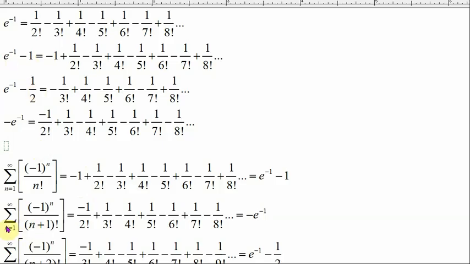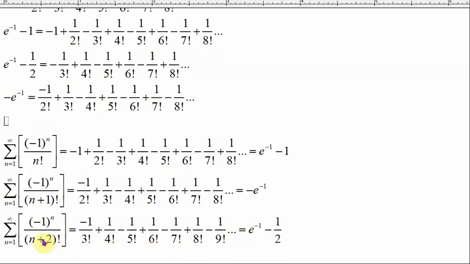The infinite series with the expression (negative 1) to the n over (n plus 1) factorial, and here are the terms. And so this is the infinite sum that starts with negative 1 over 2 factorial, which is this right here. And so it's equal to negative e to the negative 1.